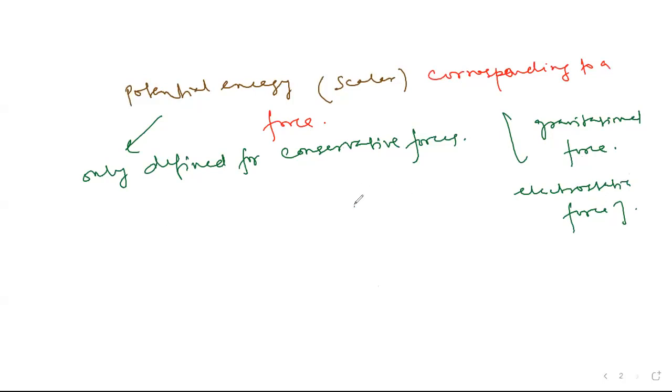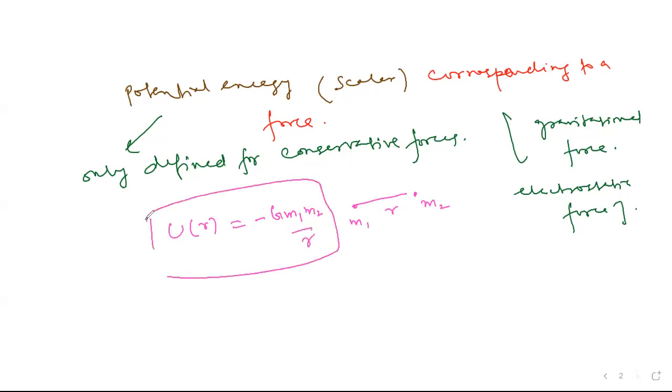Now, in case of gravitation, if I have 2 point masses separated by distance r, then the gravitational potential energy of these two masses, U of r, is minus G m1 m2 by r, right?